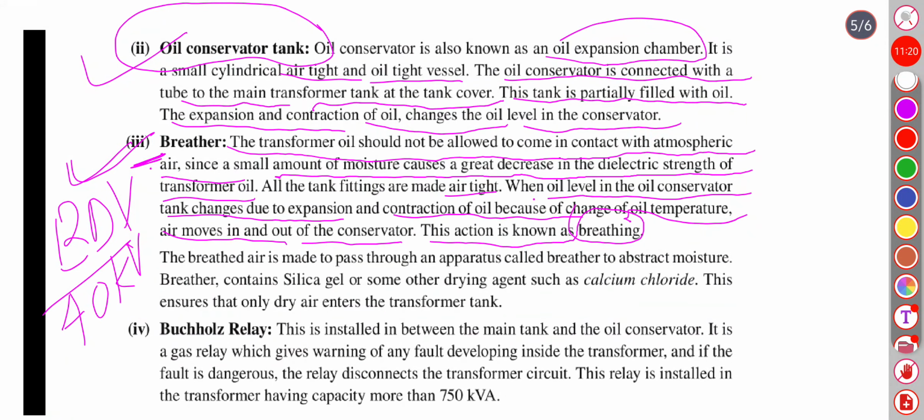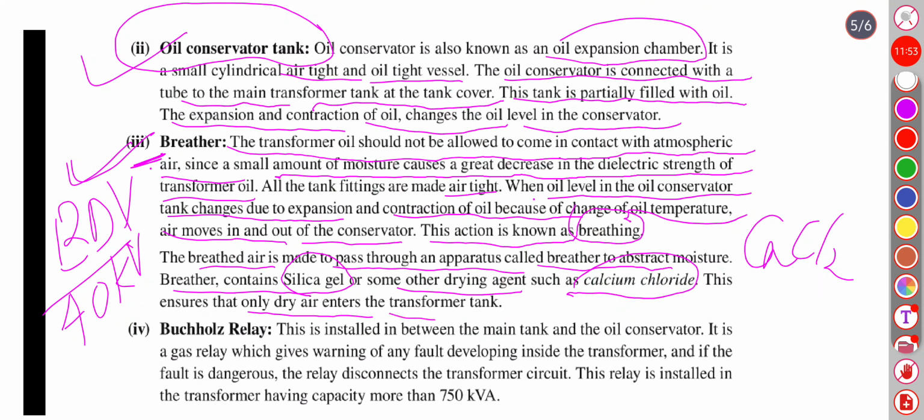The breathed air is made to pass through an apparatus called breather to abstract moisture. Breather contains silica gel or some other drying agent such as calcium chloride, CaCl2. This ensures that only dry air enters to the conservator tank or to the transformer tank.